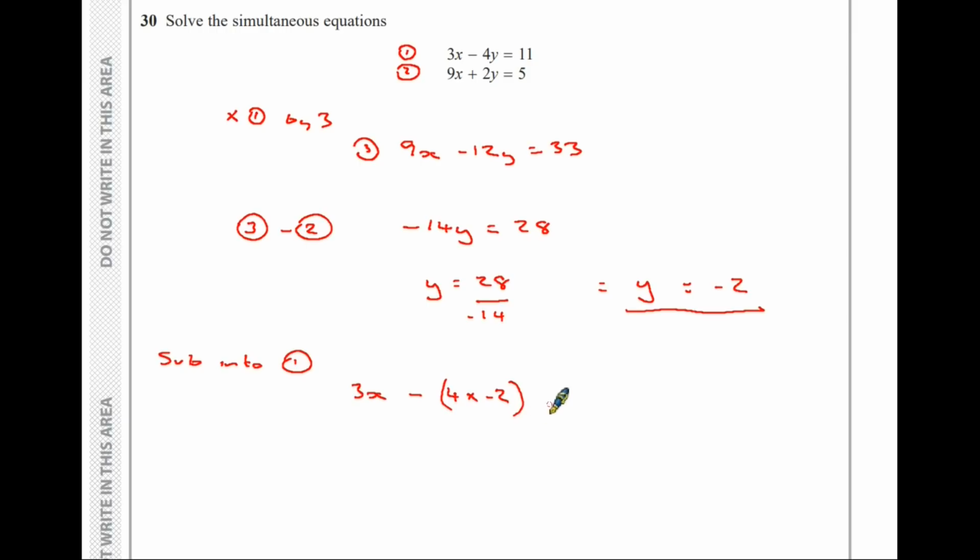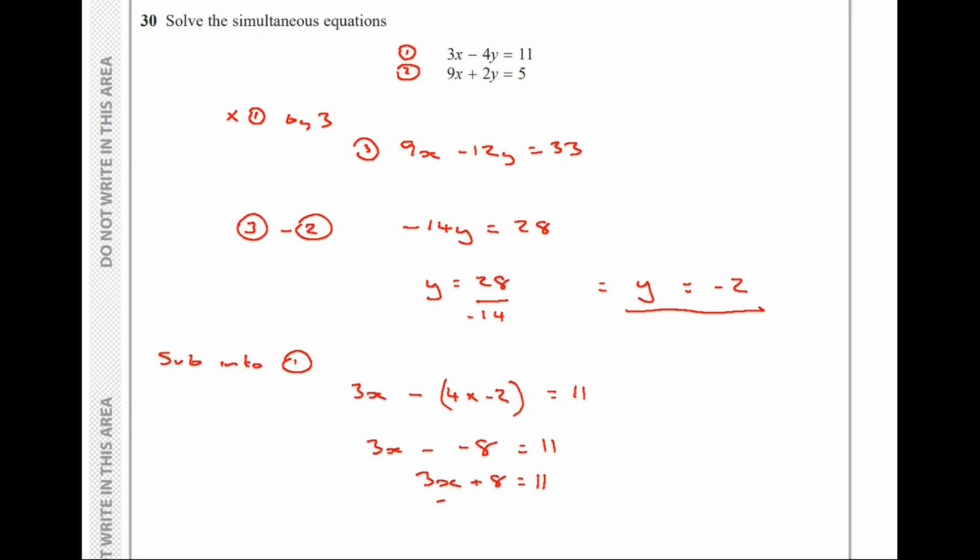Let's just put brackets around that to be sure, equals 11. So here we've done minus 2 in place of y. We now have 3x minus 4 times minus 2 is minus 8 equals 11. Now don't forget, 2 minuses are a plus, so that actually says 3x plus 8 equals 11.